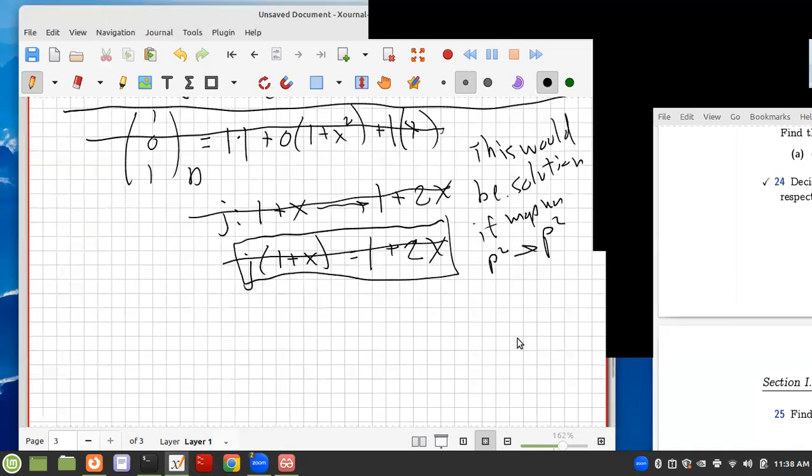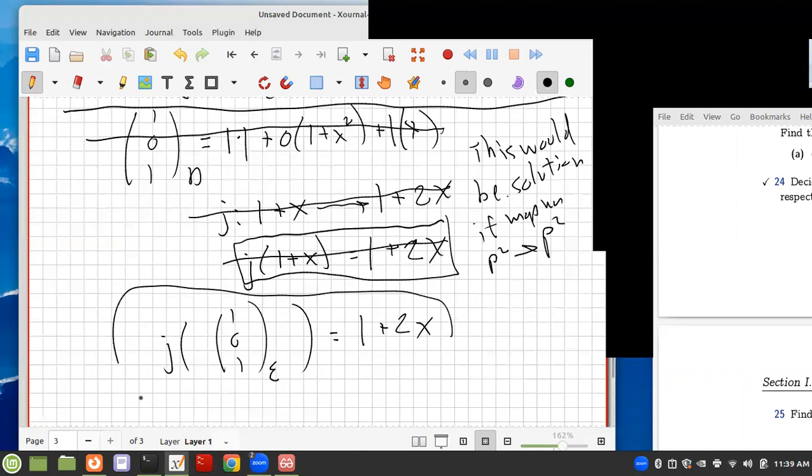But in fact, it is J of 1, 0, 1 in the standard basis equals 1 plus 2x. So this is what's going on. You just had to find the 1, 0, 1 and you were done. I just somehow thought, oh, it's one of these mixed maps, right? It's from column vectors to polynomials. So if you just go along, you can lose track of what you're doing.